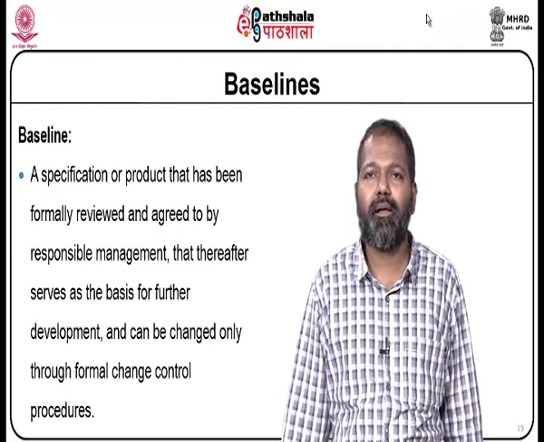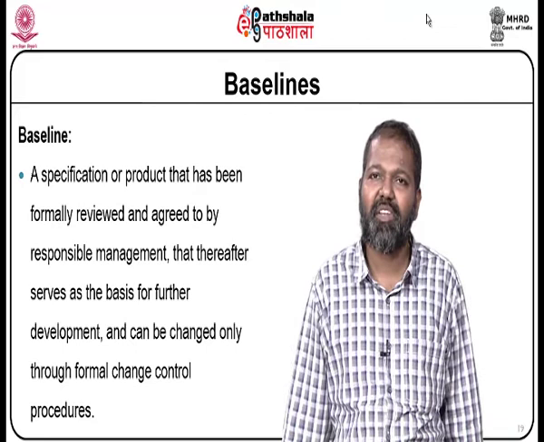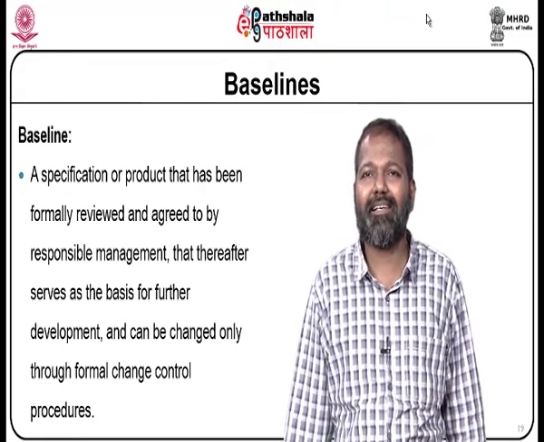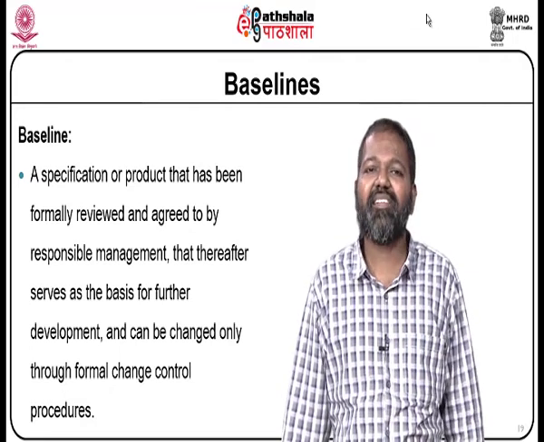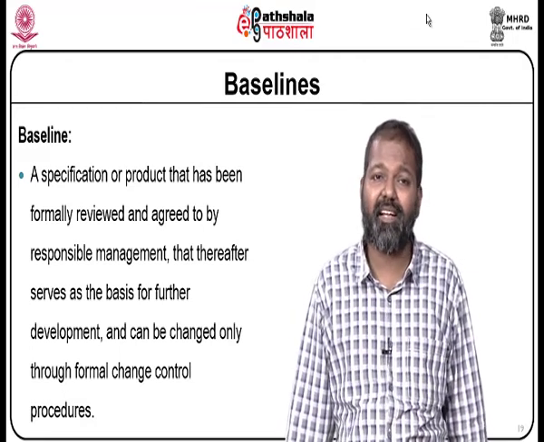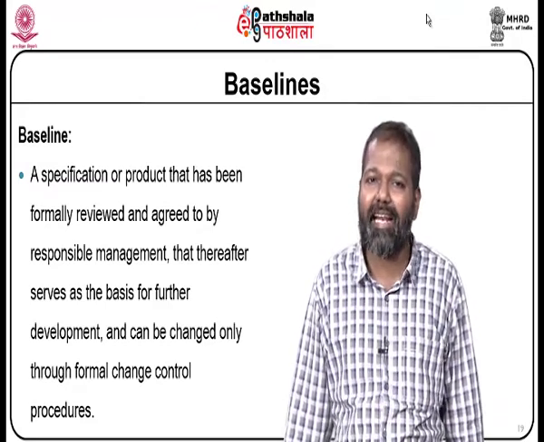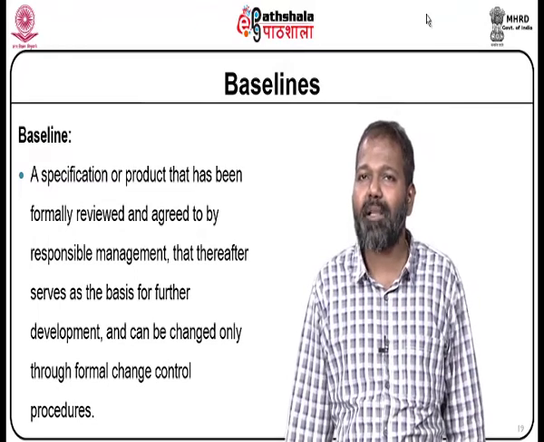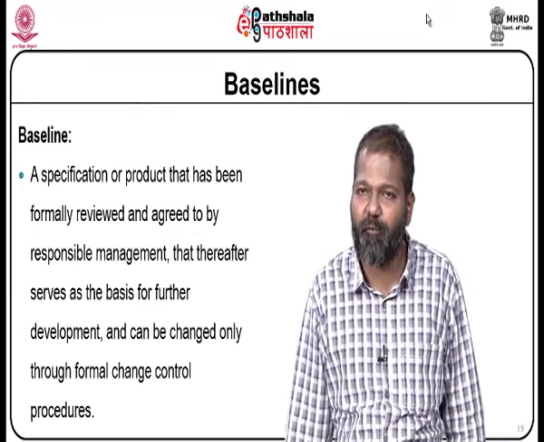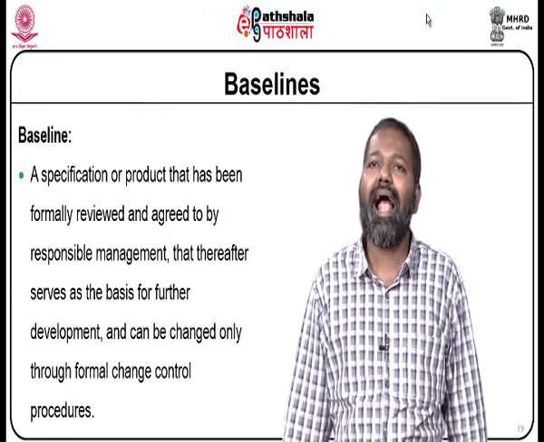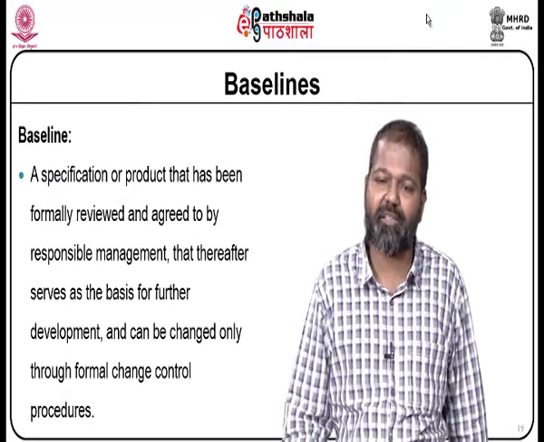They brainstorm themselves, give their valuable feedback, if necessary make changes to the design, and finally the design is approved. That is what I have stated, a specification or product that can be formally reviewed and agreed to by responsible management, that thereafter serves as a basis for further development and can be changed only through formal change control procedures.